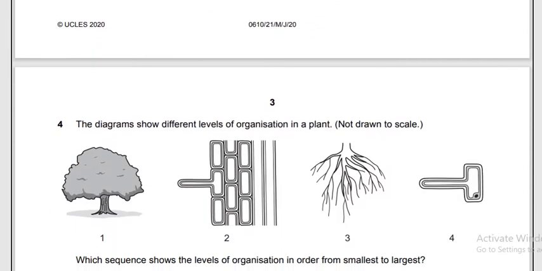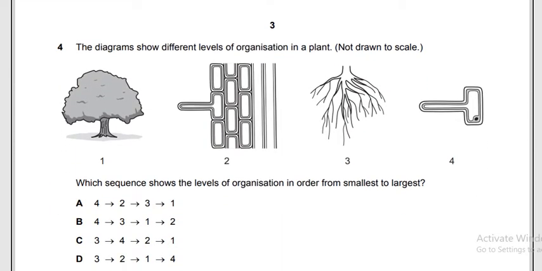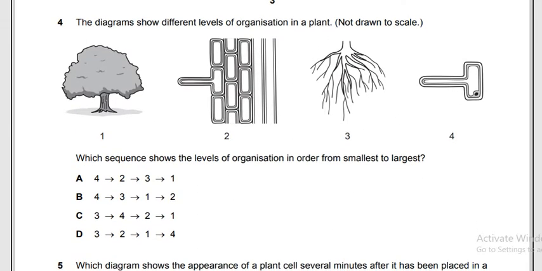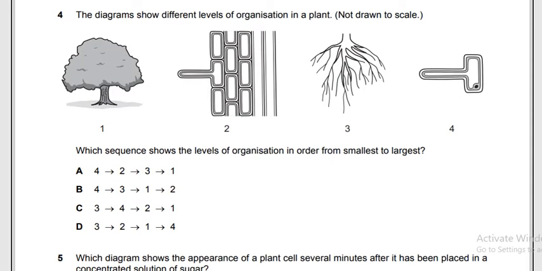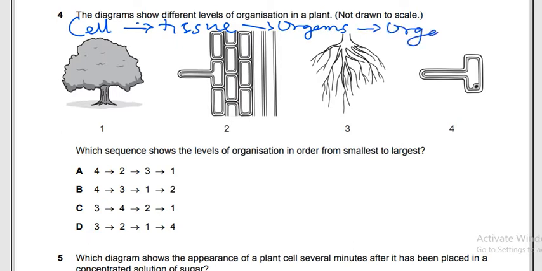The diagram shows different levels of organization in a plant. The level of organization starts from a cell, to tissue. From tissue we have organs, from organs to organ systems, to organisms.